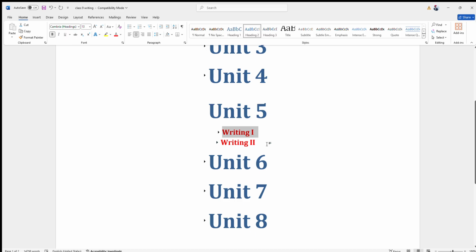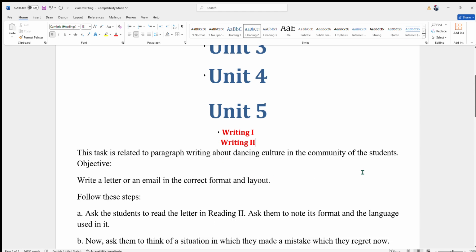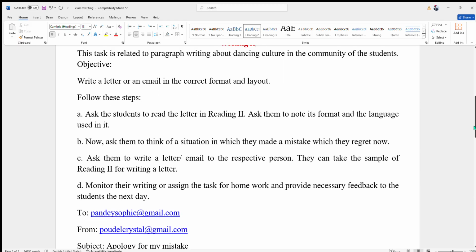Then let's move towards writing task B. This task is related to paragraph writing about dancing culture in the community of the students. Objectives: write a letter or an email in the correct format and layout.